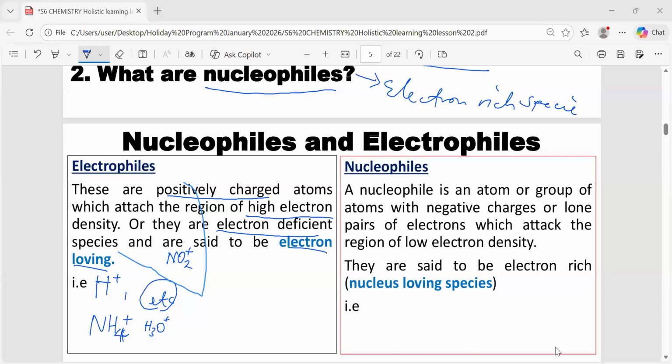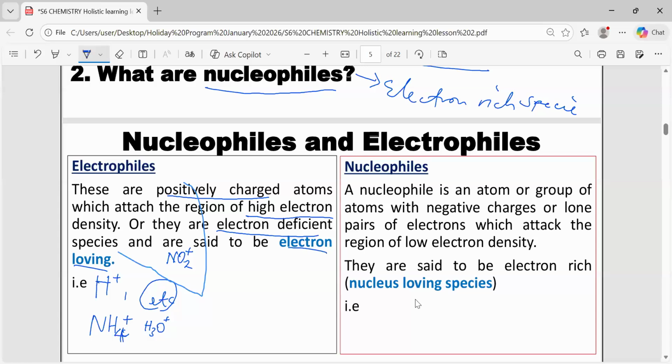A nucleophile is an atom or group of atoms with negative charges or lone pairs of electrons which attack the region of low electron density. They are said to be electron-rich or nucleus-loving species. Can you give us examples of such species?